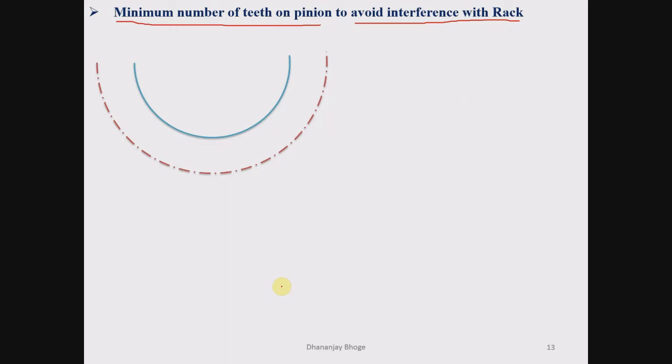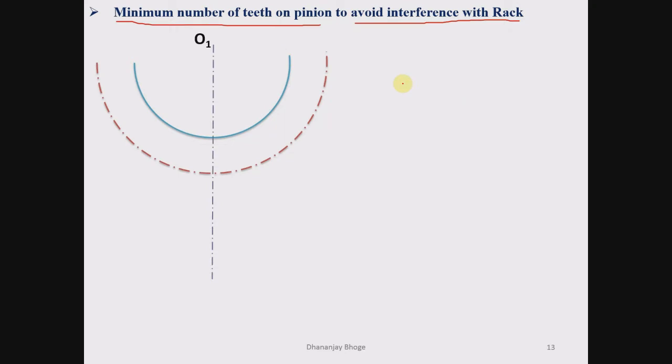Blue circle is base circle and the red one, which is shown in center line, is pitch circle of pinion. Mark the center of pinion as O1.